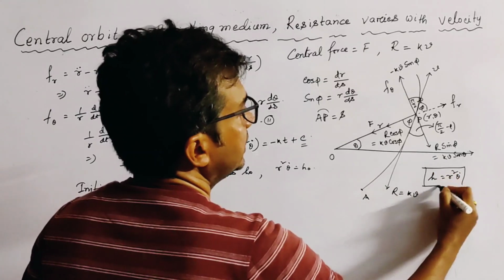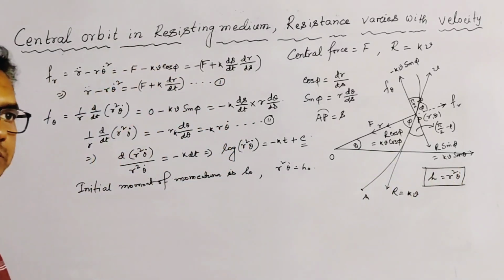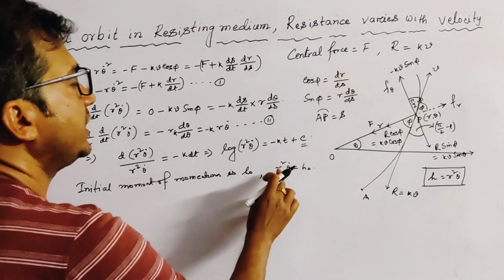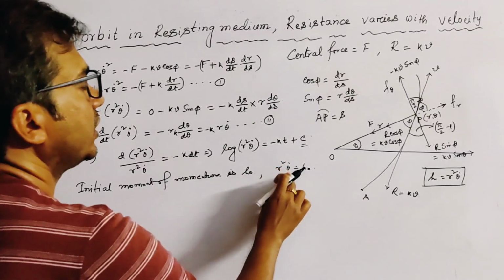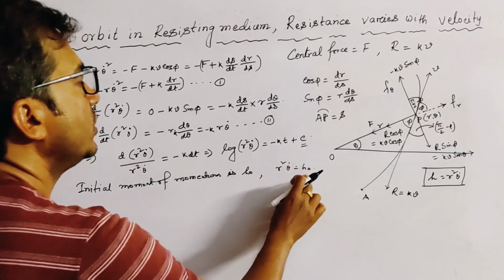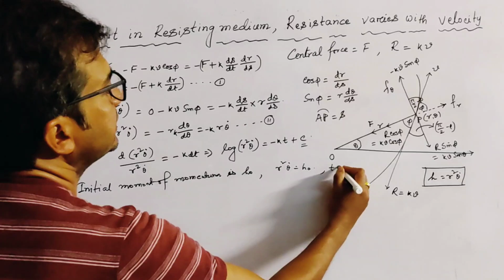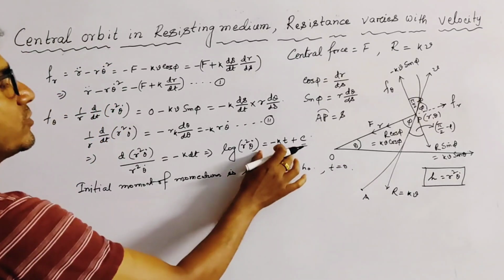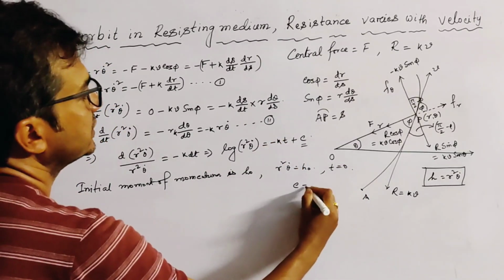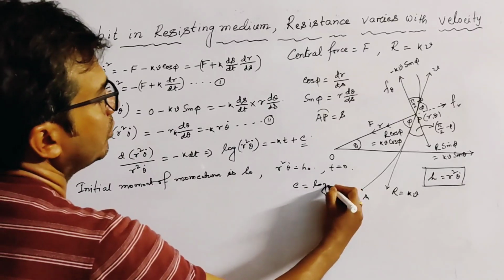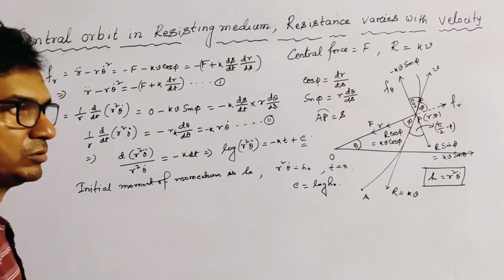This is a standard result in central orbit. Initially we put r² θ̇ = h₀ at t = 0, so we get c = log h₀.